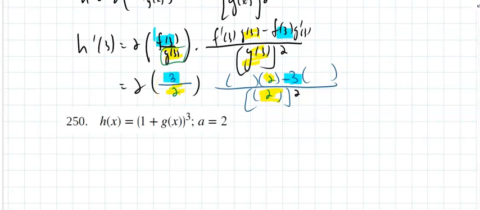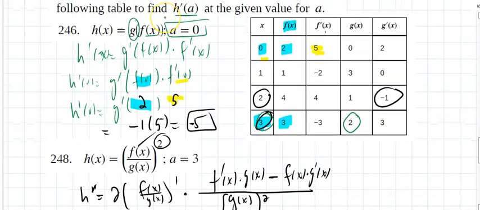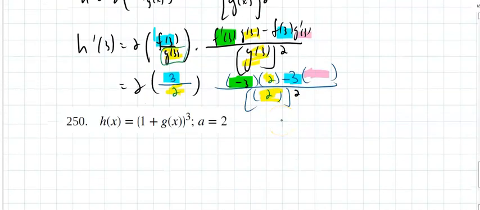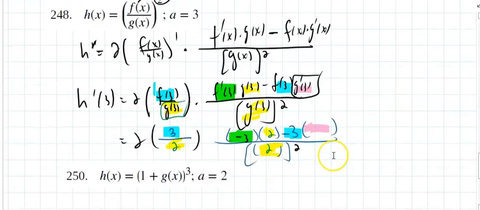And then I'm looking for f prime at 3. And I also need g prime of 3. Well, f prime of 3, at x equals 3, f prime is a negative 3. And g prime of 3, at 3, g prime would also be a 3.